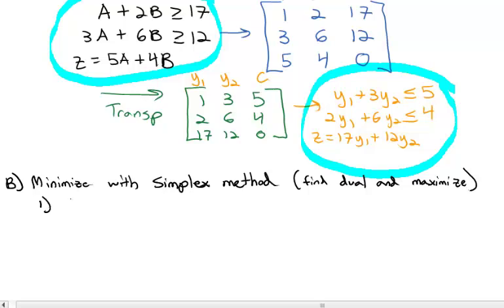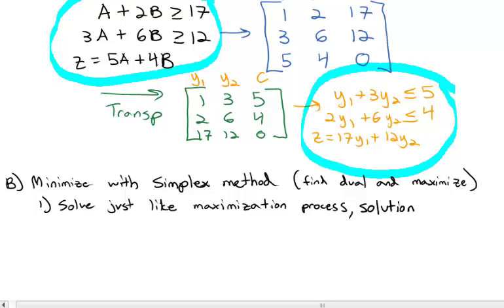So once it's set up, we will solve it just like the maximization process that we saw yesterday. However, the solution, I told you we have to interpret the solution differently.